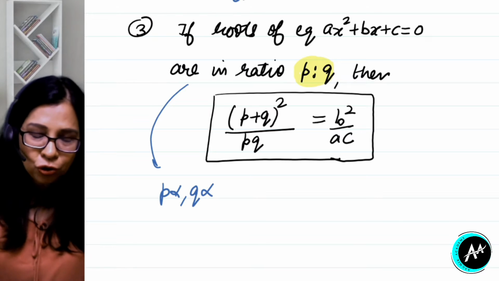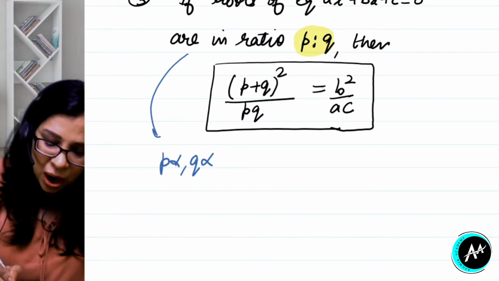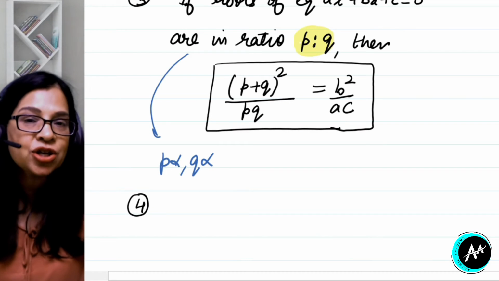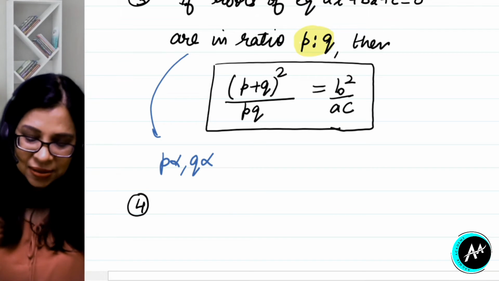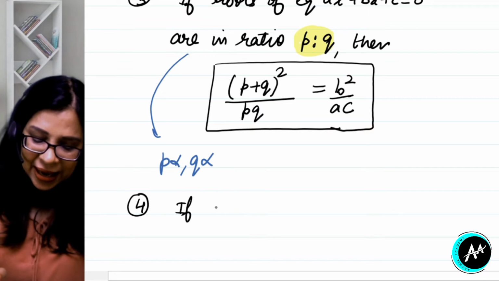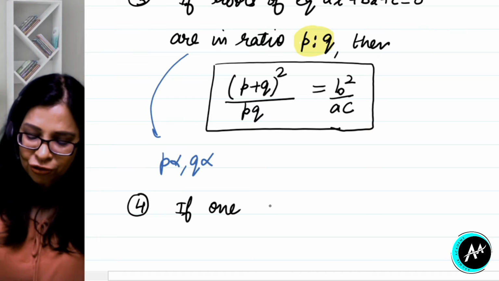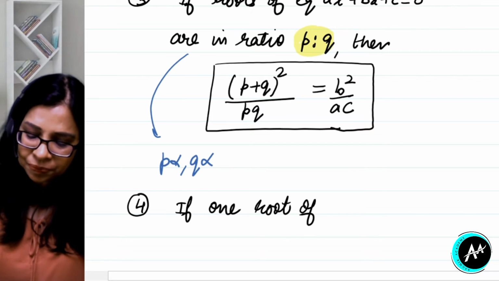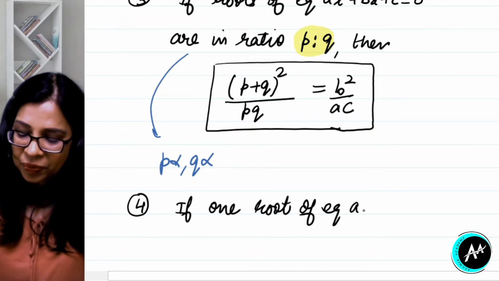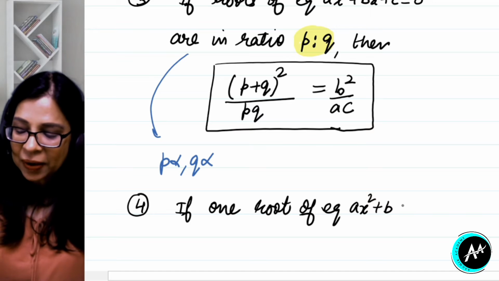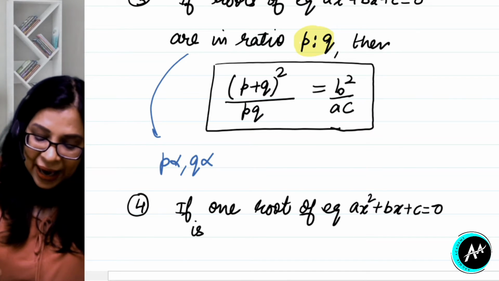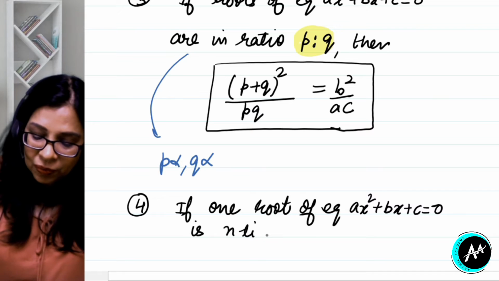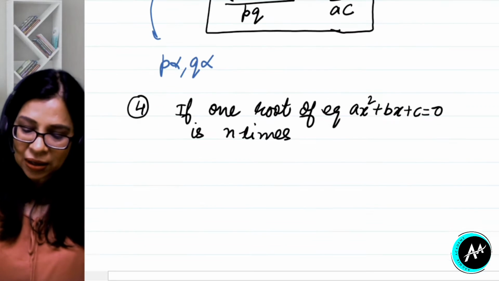Let's now take the fourth result. You can see somehow the fourth result is related to the previous one, that is the third one. Let's see how. Let me write the result first. The result is that if one root of the equation ax square plus bx plus c equal to 0 is n times the other, all right?